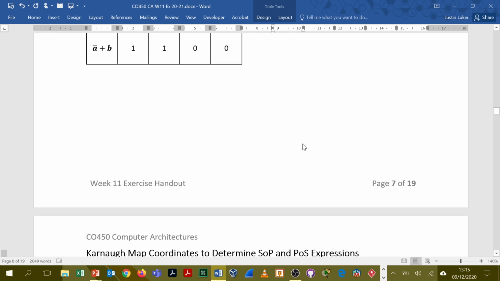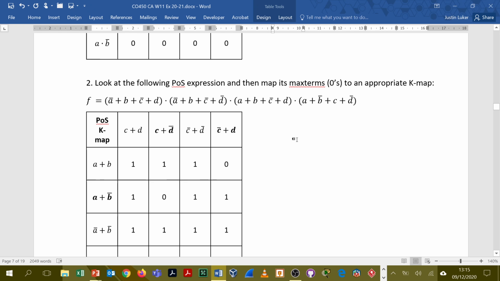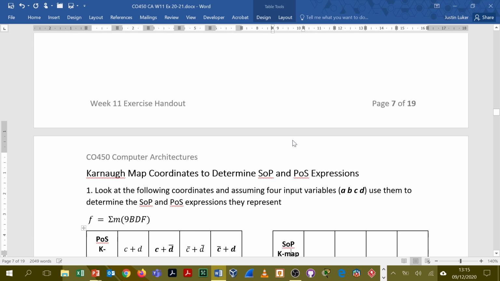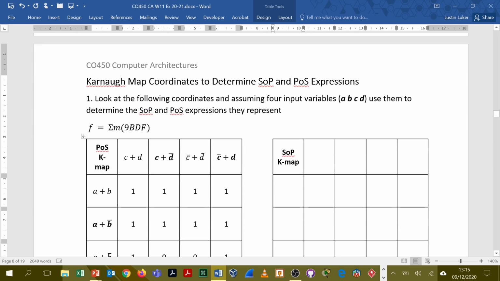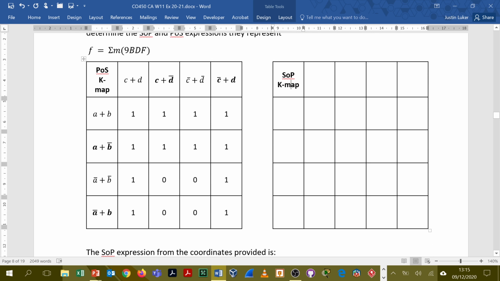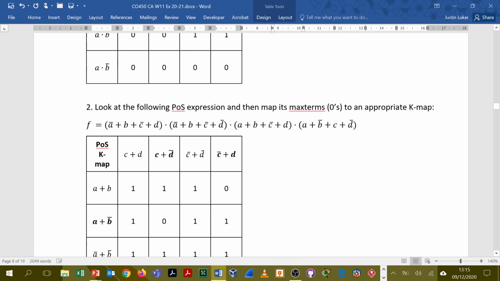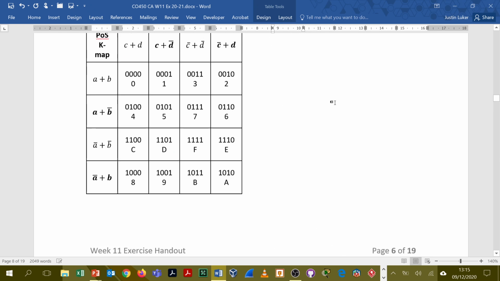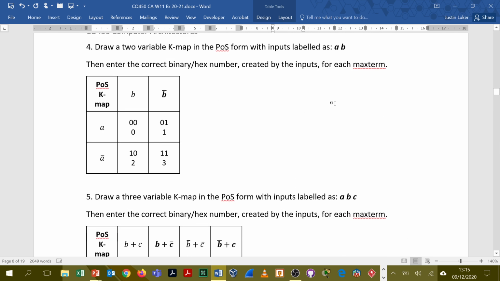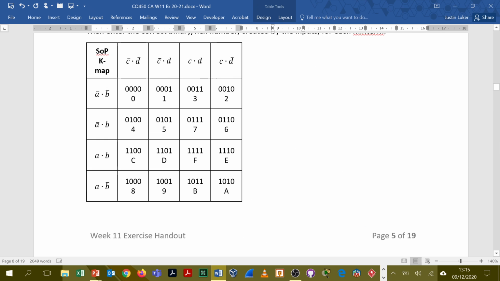Okay, and I can do the same then with SOP. Let's just do it to prove that. So again, I'll find my SOP previous with the map on it.